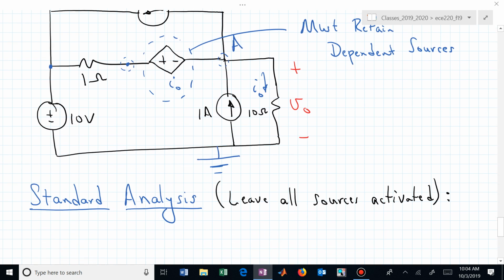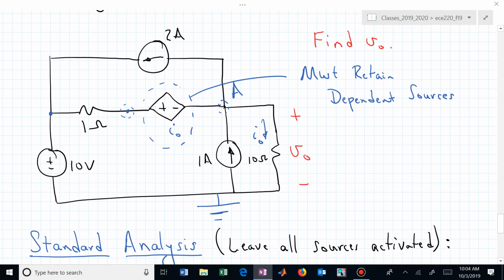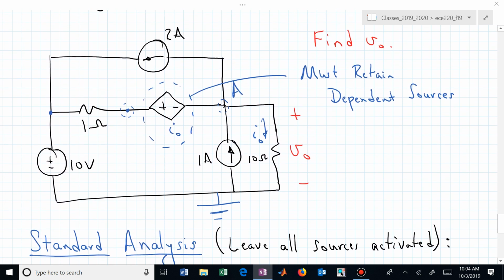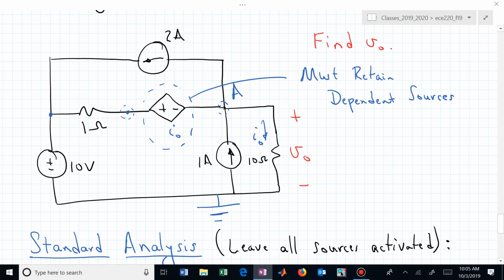All right, we said KCL at A. What does that give us? Suppose we say, let's look at all the currents leaving A. I see a 2 amp leaving A. That's straightforward enough. Now what do I have? Well, I'm going to kick that can down the road just a little bit. Let me say that's current going left, I sub L. So I have that one.